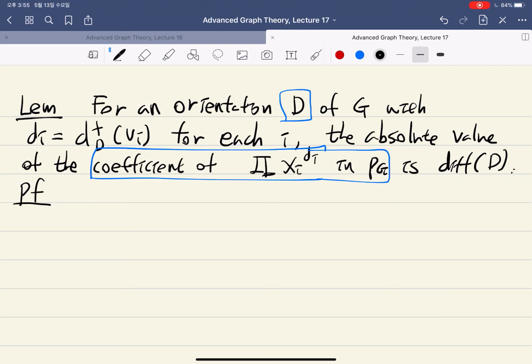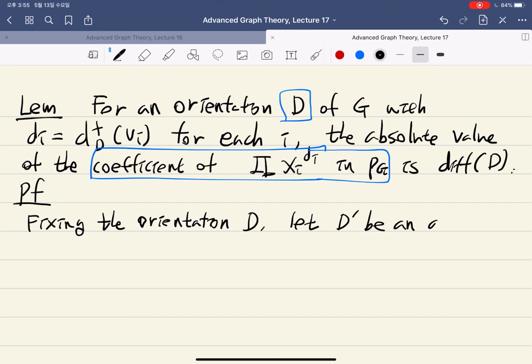So we want to make the connection. We fix the orientation D and let D prime be an arbitrary orientation of G with the same out degree sequence.